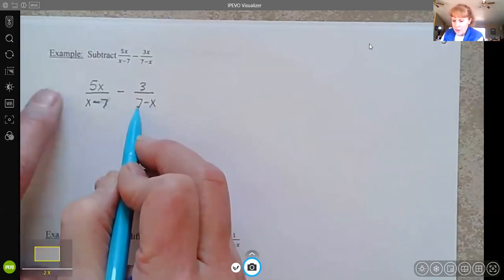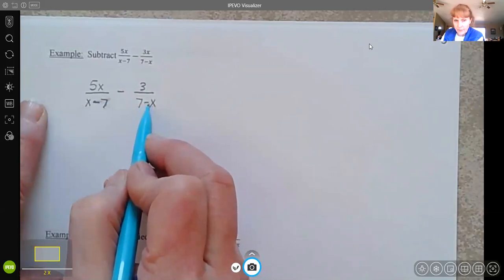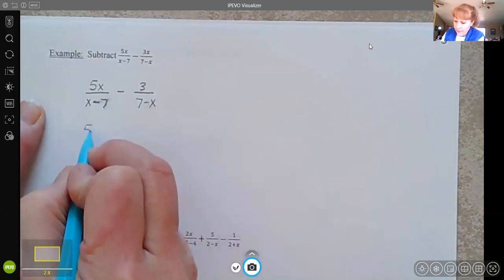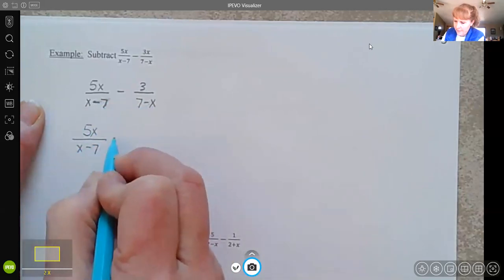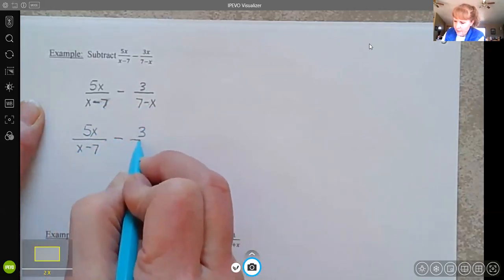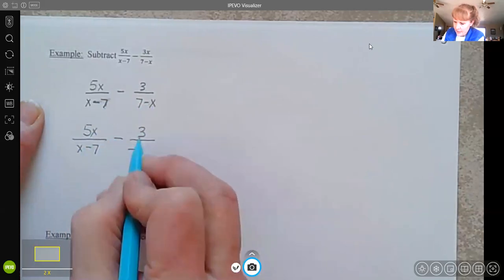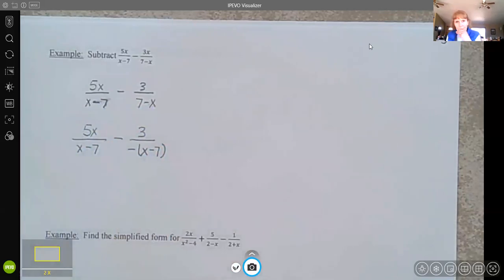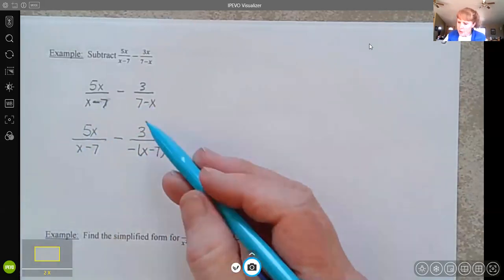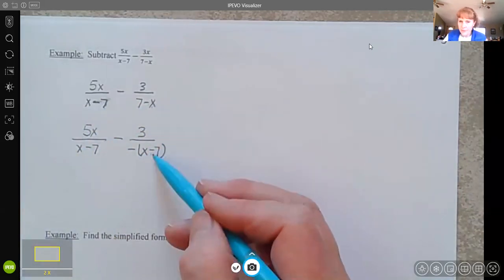So what I'm going to do is rewrite this one. So this is going to be 5x over x minus 7, minus 3 over a negative x minus 7. Okay? So these two mean the same thing.